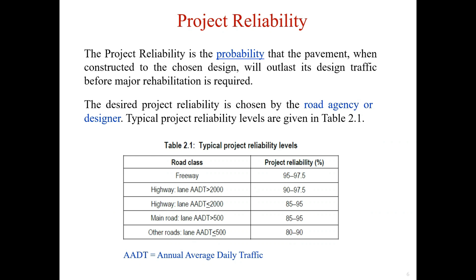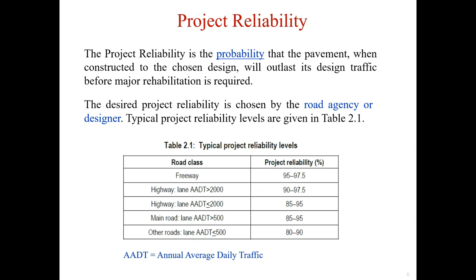Normally, the road agency or designer chooses the design project reliability. Typical project reliability levels are given in this table below. The project reliability is selected based on the class of the road, either freeway, highway, or other type of road.